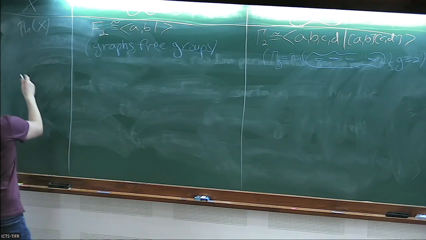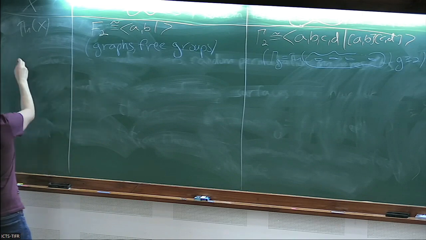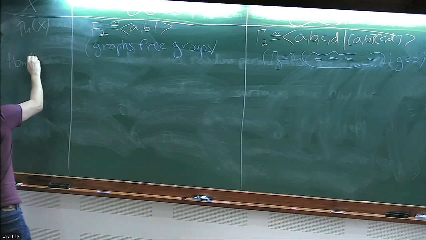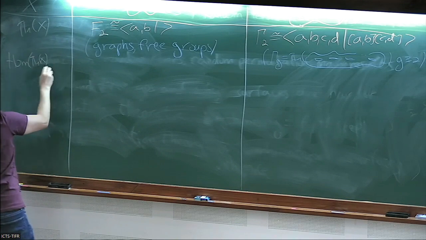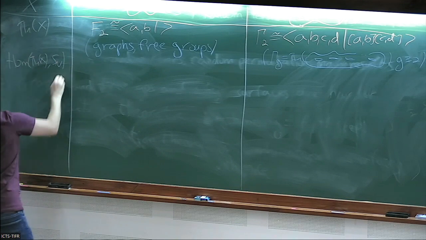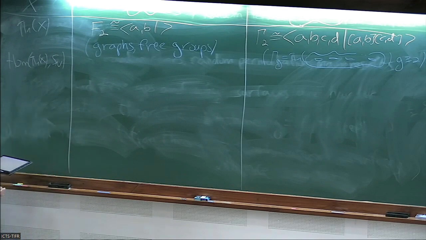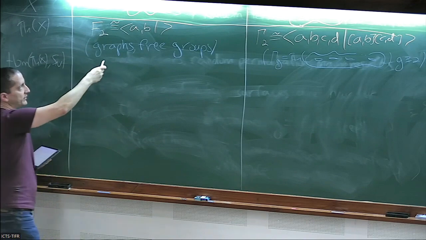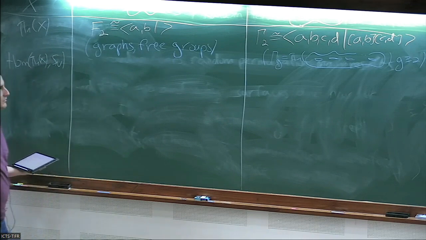Okay, now we want to take covers of this. What is this set of homomorphisms from the fundamental group to Sn? As a set, what is it? Here I just need to take the generators to the symmetric group.